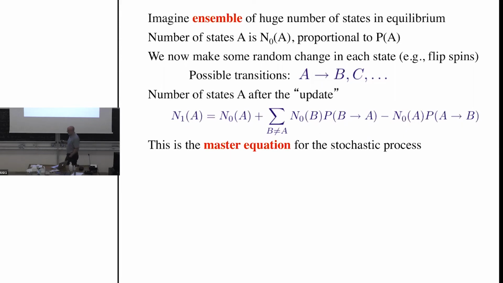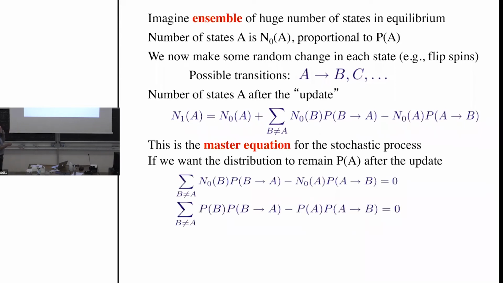So if initially I had the correct distribution, then of course I want to stay in that distribution. So what does that mean? It means that this thing should vanish, right? So that's the condition to stay in the same distribution. And now, I thought about it as an ensemble with many configurations, and that's why I have these n's here.